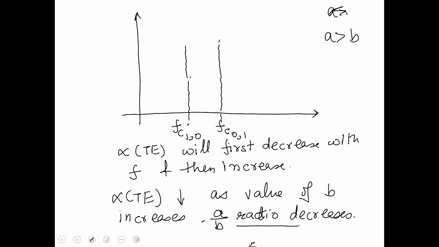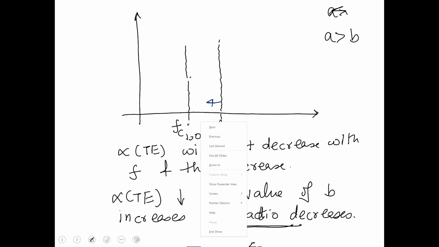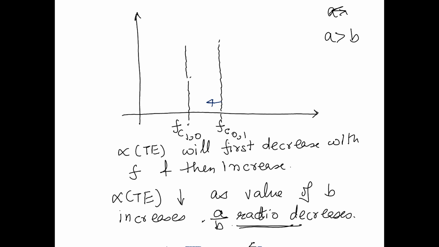If the A by B ratio decreases, if B is approaching A, then that cutoff frequency is approaching the value of the first mode. If B keeps on increasing, if I want to reduce the loss, this cutoff frequency will now start to move closer and closer to FC10. And again, remember, it is this region which is single mode.